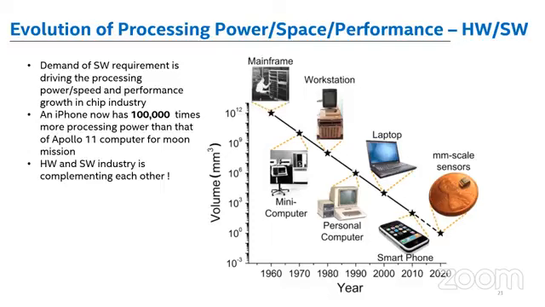I wanted to give a small idea only on the computer industry. We started with the mainframe to do a huge amount of work, and it would take a big room or big space. I put a diagram where the X scale is all the years, and on the Y scale we see the volume.